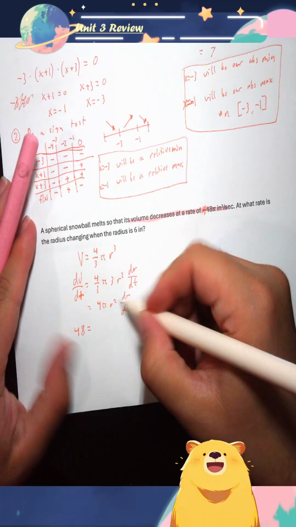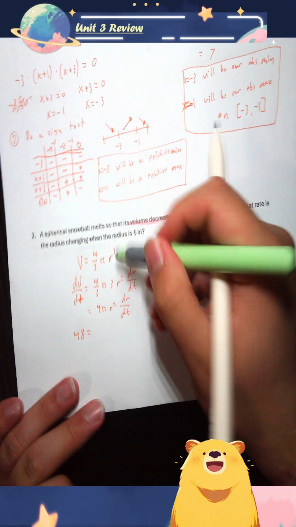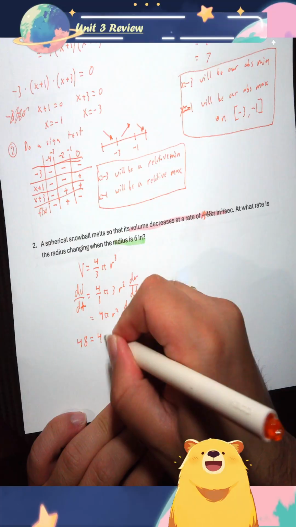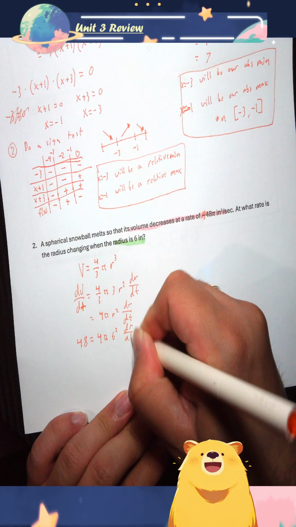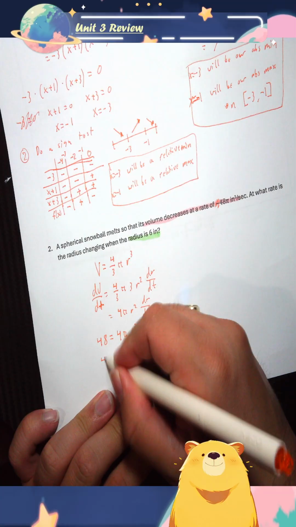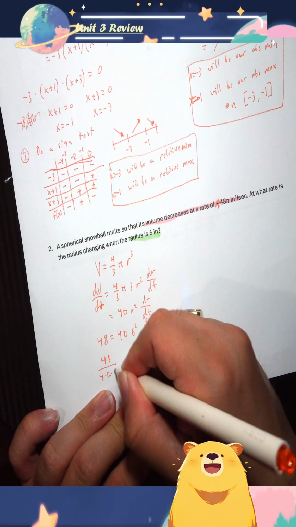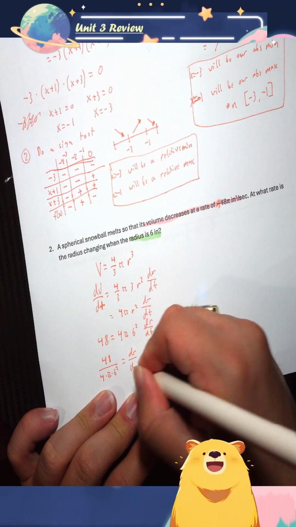So they want to know what dr over dt is equal to. Let's plug in when the radius is 6. So 4 pi 6 squared dr over dt. I'm going to just chug everything here. 4 times pi times 6 squared is equal to dr over dt.